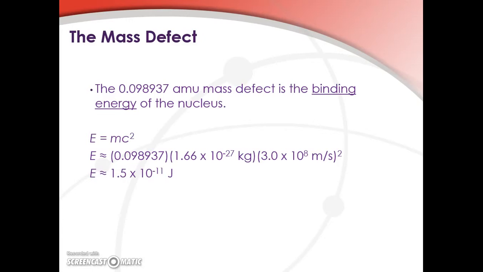And we can put a number to this, of course, because we can take that mass and plug it into our E equals mc squared equation, convert atomic mass units to kilograms, and we get a value of 1.5 times 10 to the negative 11 joules, which seems like a very small number until we think about the fact that in 12 grams of carbon we have 6.02 times 10 to the 23 atoms.